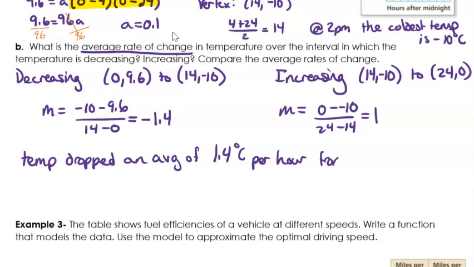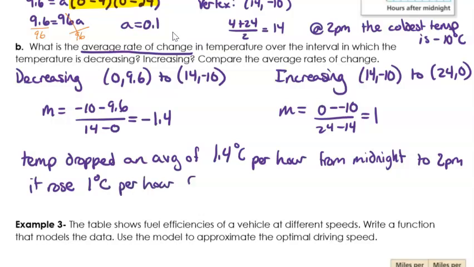And that was from midnight because 0 is at midnight. And then 14 hours after midnight was 2 p.m. All right, and it rose because it's a positive slope, 1 degree Celsius per hour from the vertex, which is 2 p.m., until 24 hours after midnight, which is midnight of the next day. So to midnight of the following day.